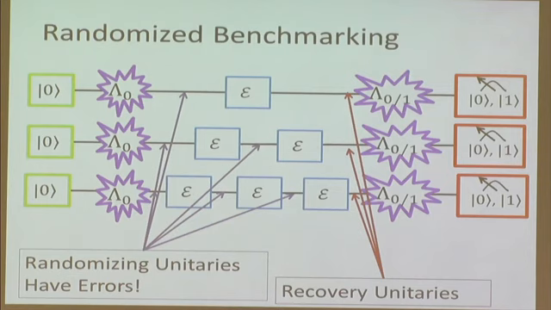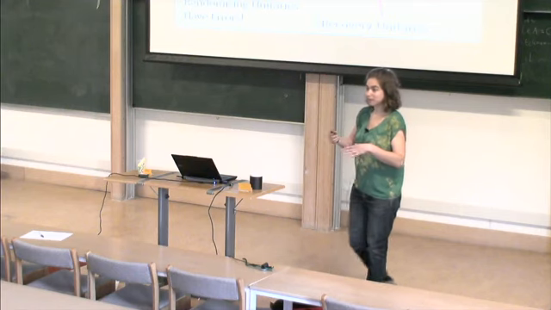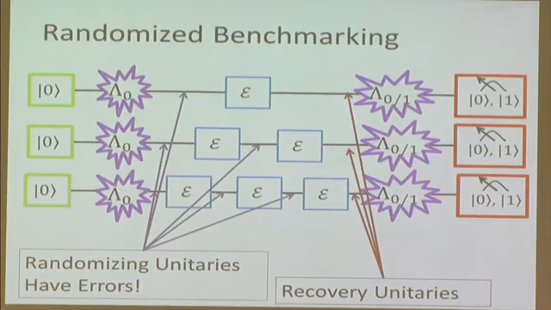Okay, so you might have guessed I've been talking about errors this whole time. These randomizing unitaries that you want to apply before each time you apply your process E also have errors. So that's kind of problematic. We've been doing all this stuff to get away from these errors, but of course we can't assume that we can apply these unitaries perfectly.